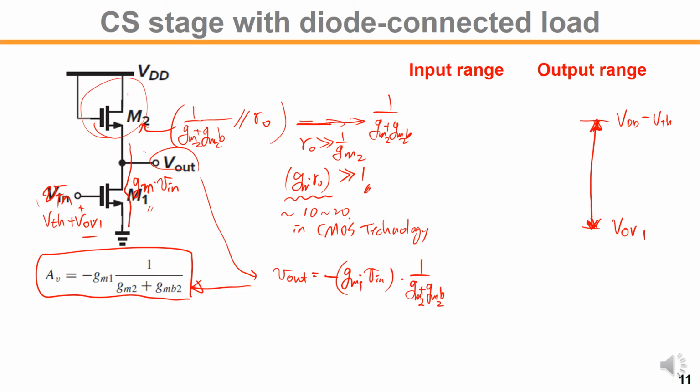For the input, we know the input is biased at VTH plus V overdrive. It can go down as far as VTH, and the largest is limited, but from the bias we know the up and down swing ranges must be equal, so the allowed input signal range is only this much, 2 overdrive 1, and maximum.